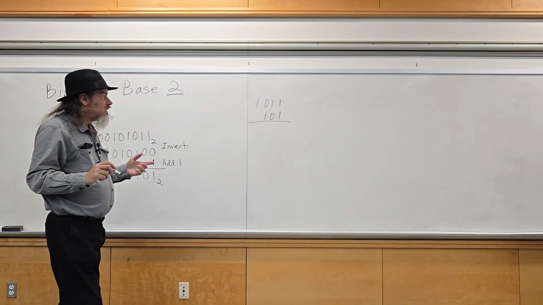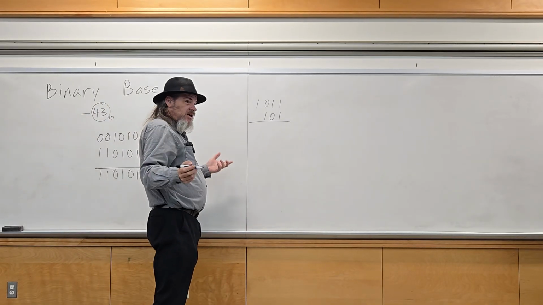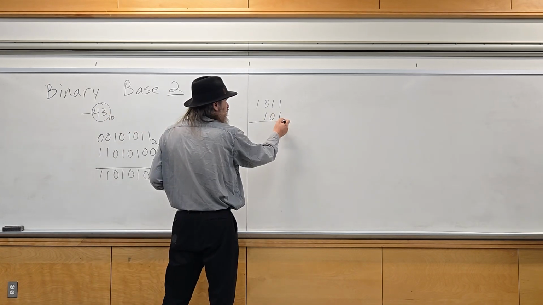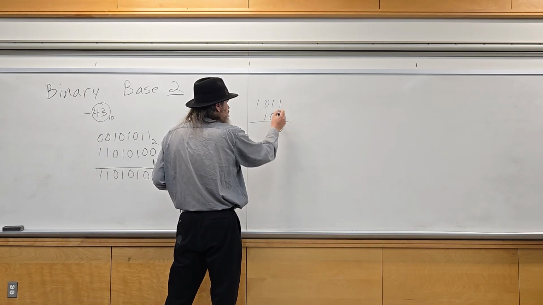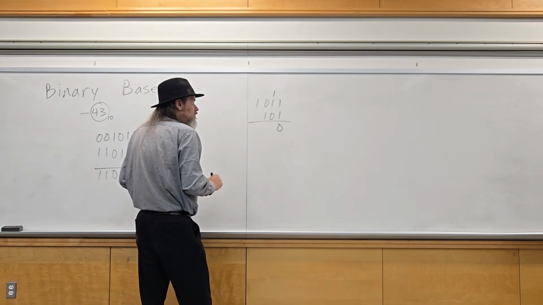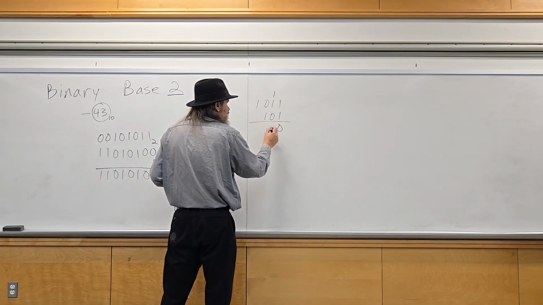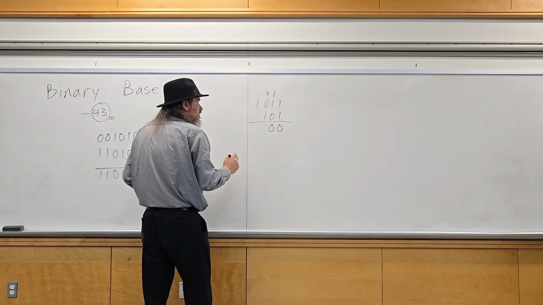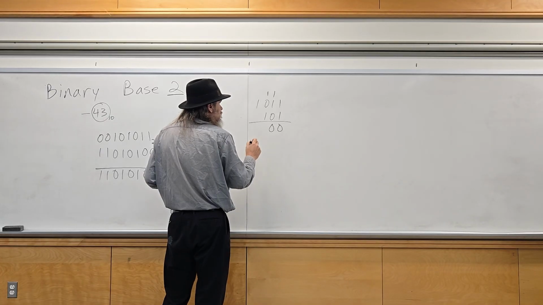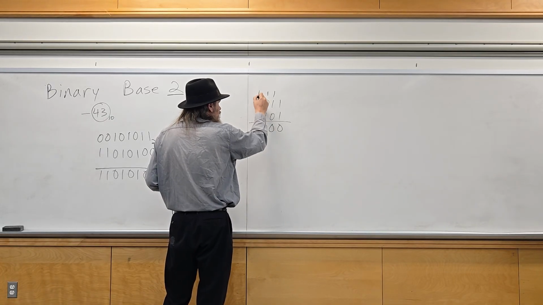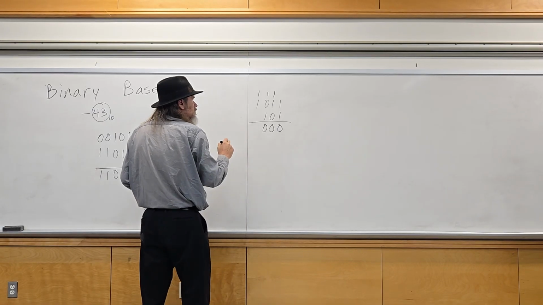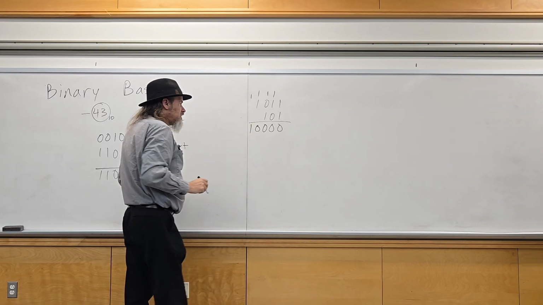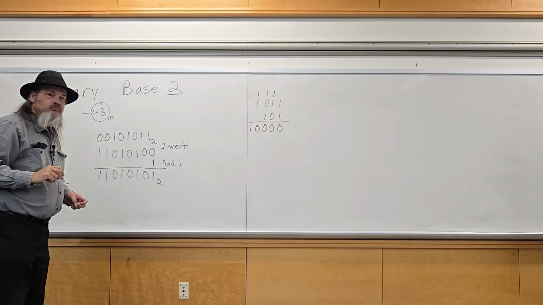So you add just like you would in decimal. 1 plus 1 is 2, but you don't have a 2, so you put a 0 and carry the 1. 1 and 1 is 0, carry the 1. 1 and 1 is 0, carry the 1. And then 1 and 1 is 0, carry the 1. Oh, it makes a nice even number.